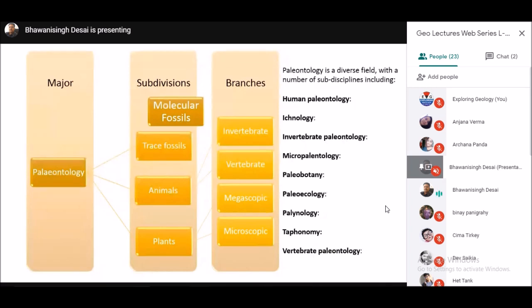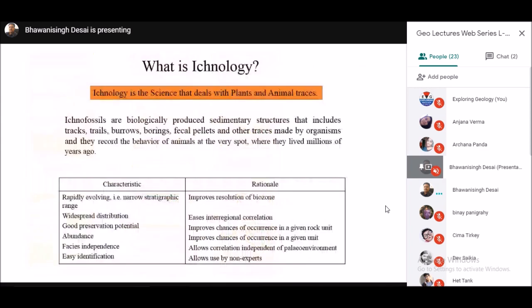So this is a very broad science which deals with animal and plant traces. Ichnofossils, or trace fossils as we call them, are biologically produced sedimentary structures that include tracks, trails, burrows, borings, and fecal pellets, and they also record the behavior of the animal at the very spot where they lived millions of years ago.